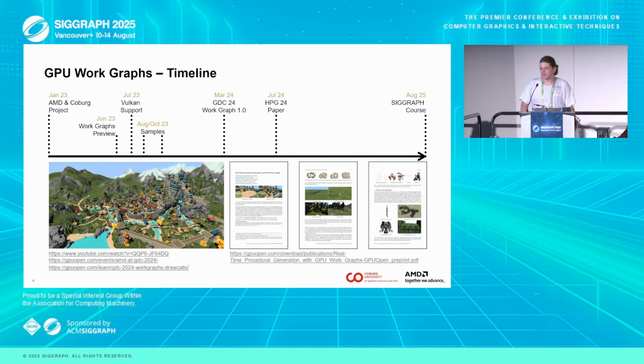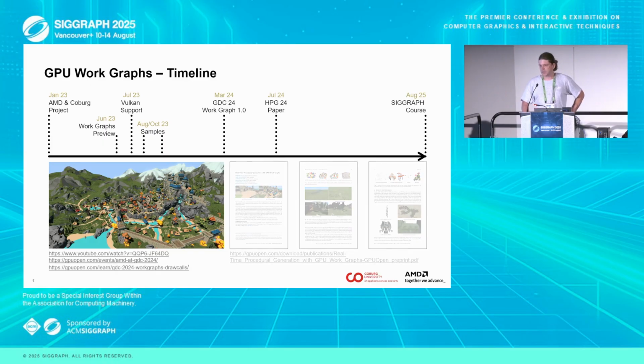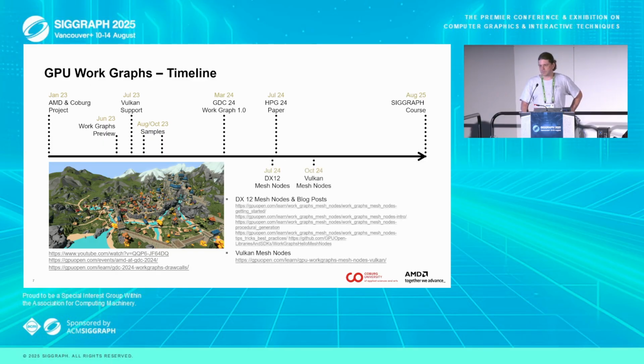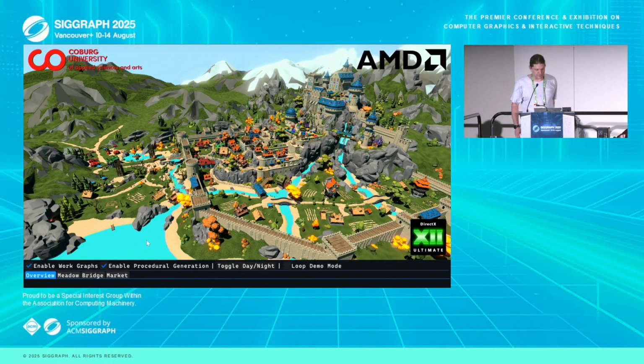We condensed our results into an academic paper at High Performance Graphics in 2024 in Denver, and most of the achievements that we were able to make were due to mesh nodes. There were a bunch of blog posts coming up, and there's, in fact, Vulkan mesh nodes. But we're going to talk about this further down the line. So next up, Bastian and Max are going to show you the demo that we did for GDC 24, and that should demonstrate some of the features that we have in work graphs.